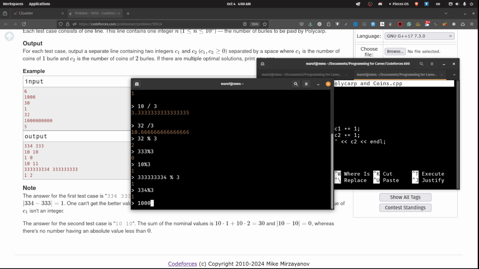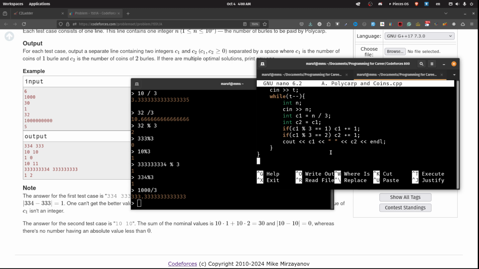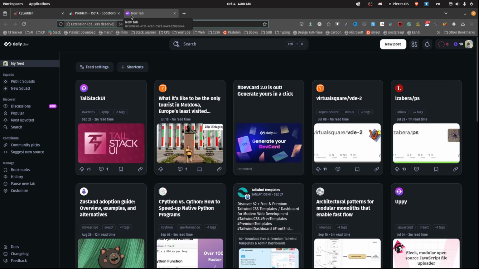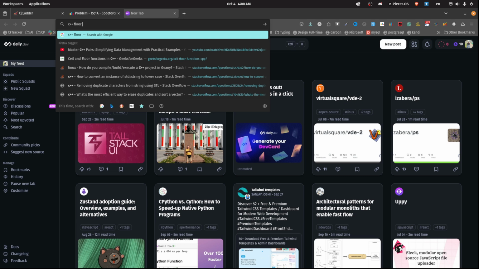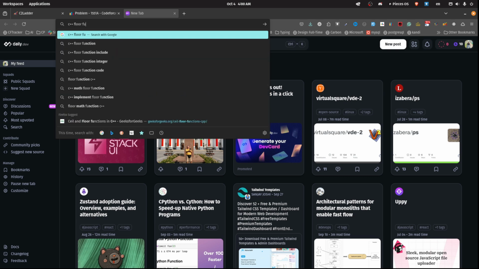1000 divided by 3, yeah, 333. This is the answer. I think I need to take the floor value. So let's find the C++ floor function. I forget how to call it.